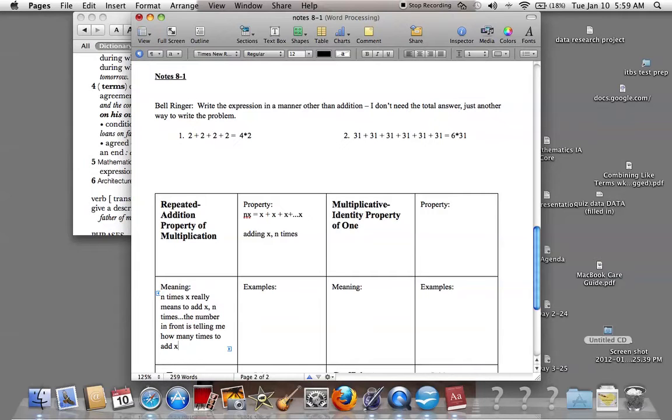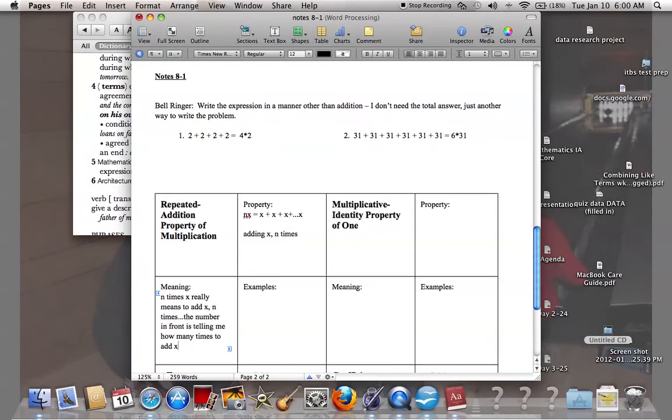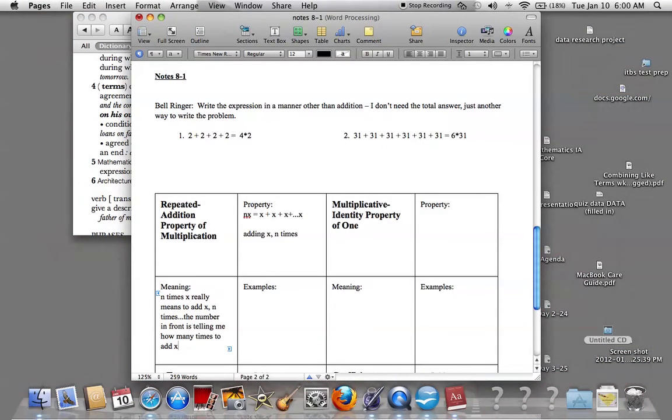The meaning of the repeated addition property of multiplication is that when it says n times x, whether that's letters or numbers or a combination of both, whatever number's in front is telling you how many times you should add whatever it's multiplied by. As we move that concept over into our examples, if I gave you 3x, the 3 in the front tells me that I have 3 x's added together.